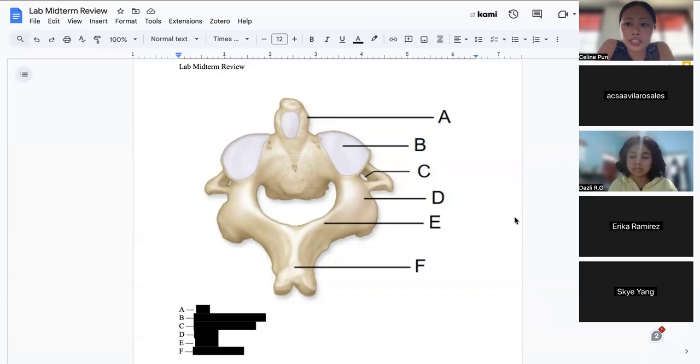Okay, for this first diagram, it is a picture of a vertebrae. And in the chat, please put down what you think A is.